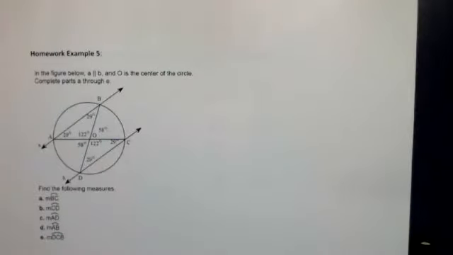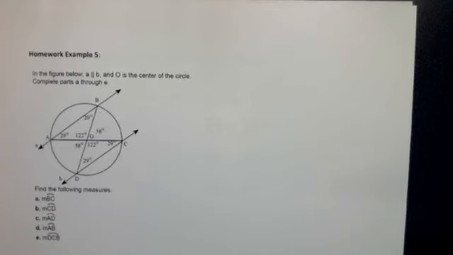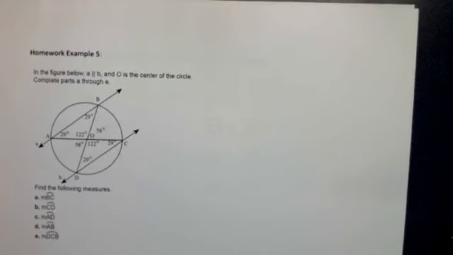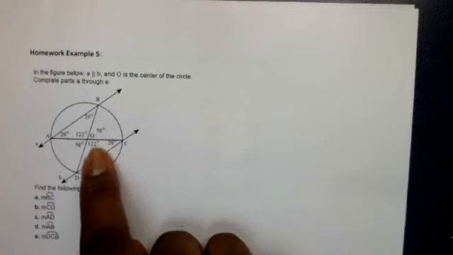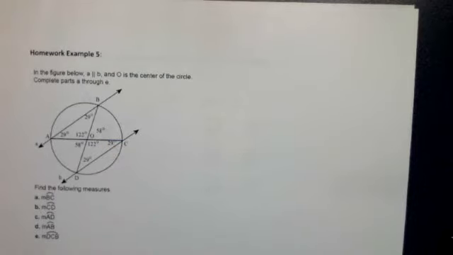Okay. Now let's look at homework example number 5. In the figure below, A is parallel to B, and O is the center of the circle. So in this case here, I want to find the following measures.